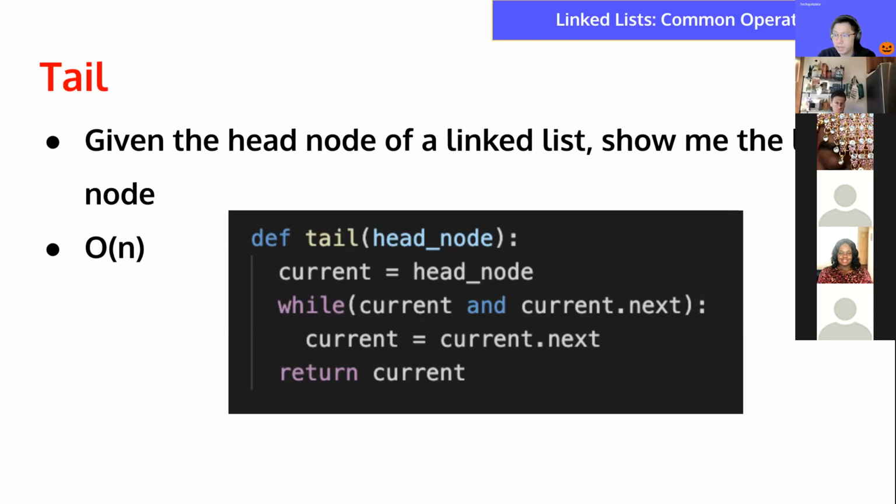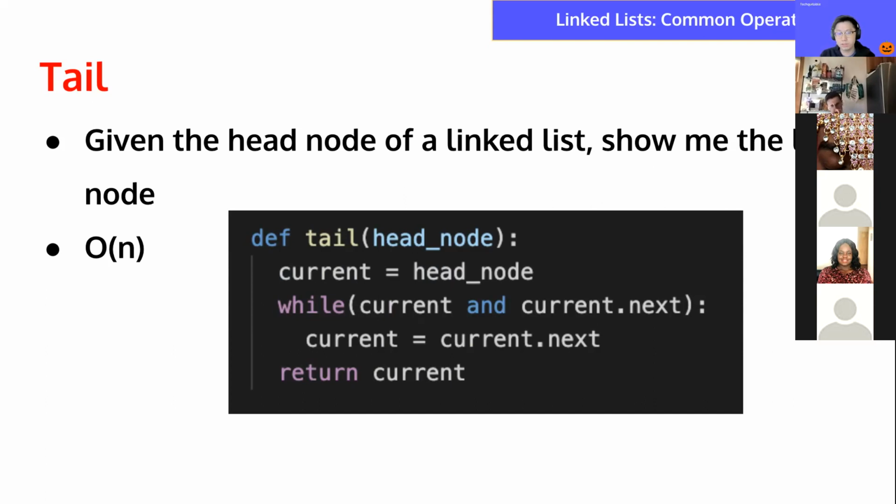So here, what we have is that given a head node, we can keep a reference to that as a current. And while current exists and there's a next element you can visit, we will update this current variable to the next element or next node each time.